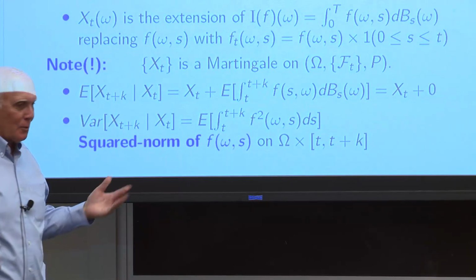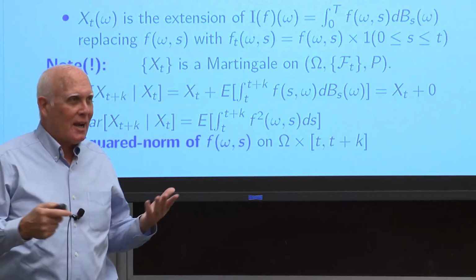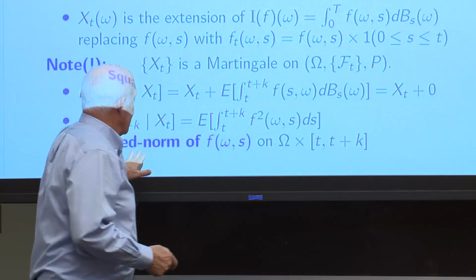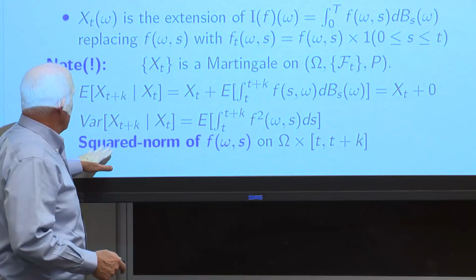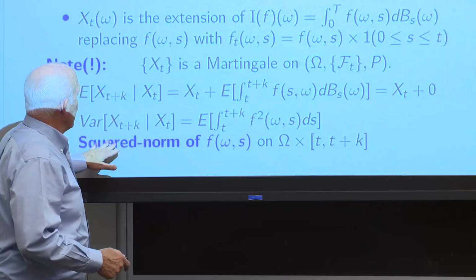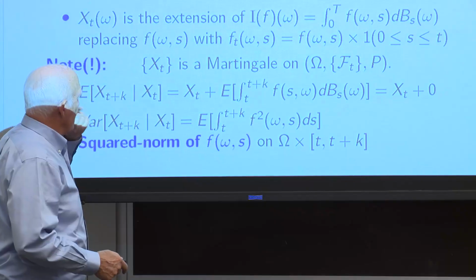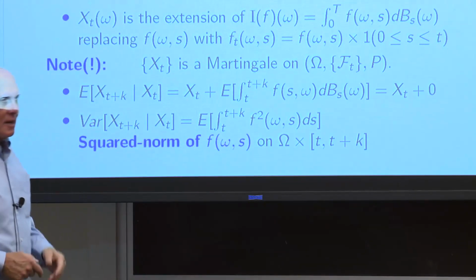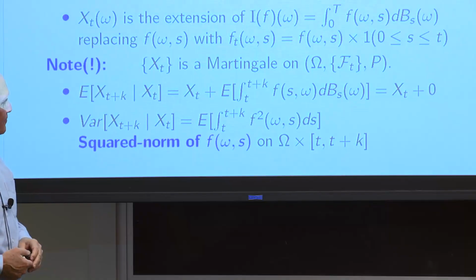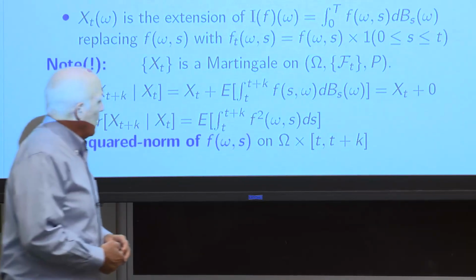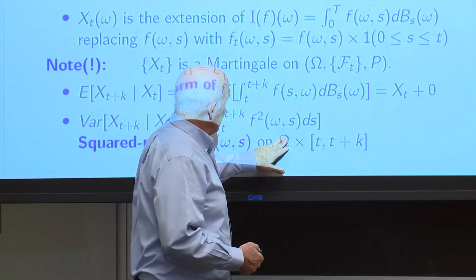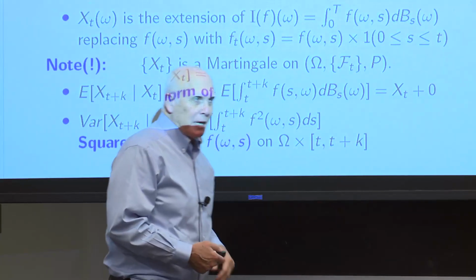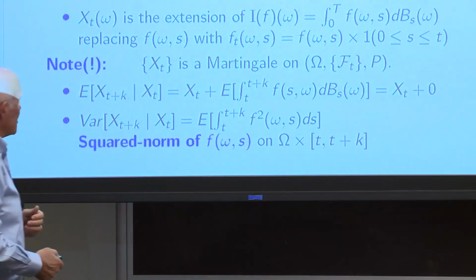I know these are mathematical results, and it's sort of like, who cares? Well, it turns out that this variance is a squared norm of our function little f on the probability space of paths across the time increments.